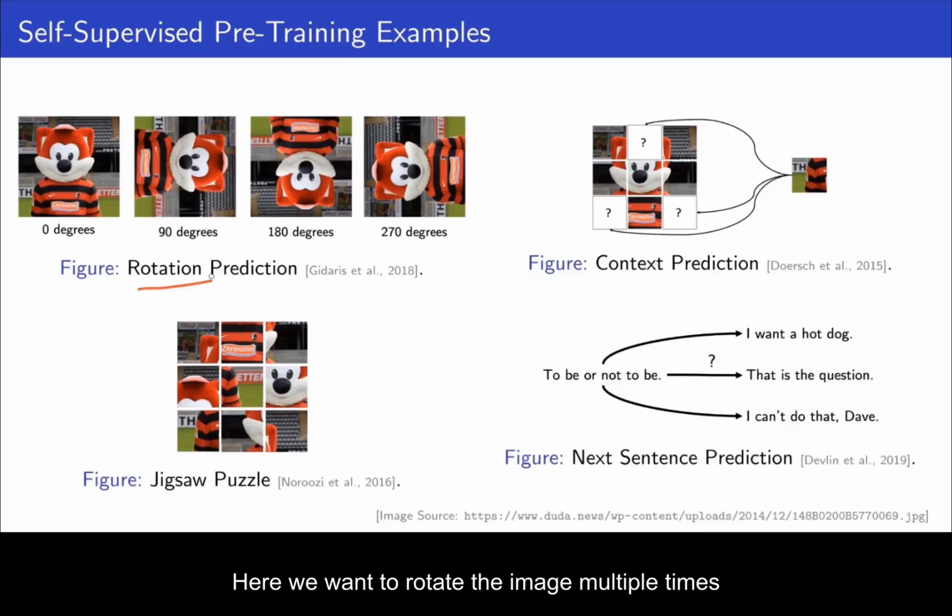Here we want to rotate the image multiple times and then feed each rotation to a CNN with, for example, 2 dense layers, and then we train the CNN to predict by which rotation this image was rotated. So the final dense layer now predicts a 4-way softmax function.